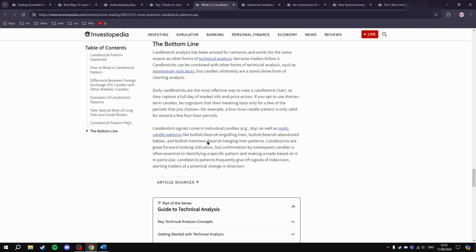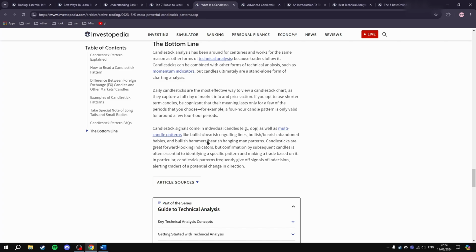Candlestick signals come in individual candles, e.g. doji, as well as multiple candlestick patterns, like bullish and bearish engulfing lines, bullish and bearish abandoned babies, and bullish hammers and bearish hanging man patterns. Candlesticks are great forward-looking indicators, but confirmation by subsequent candles is often essential to identifying a specific pattern and making a trade based on it.